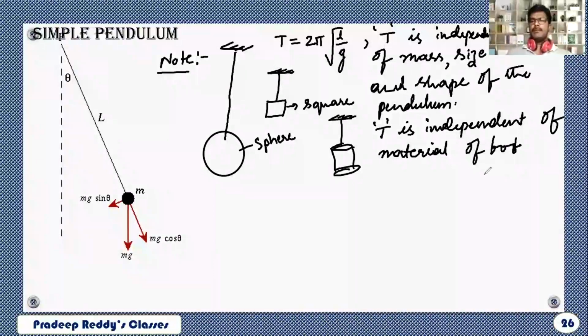It means that you can take a bob made up of brass, copper or aluminum. Any material you can take, if its length and acceleration due to gravity is same, time period is independent. Time period does not change with material of the bob, right?